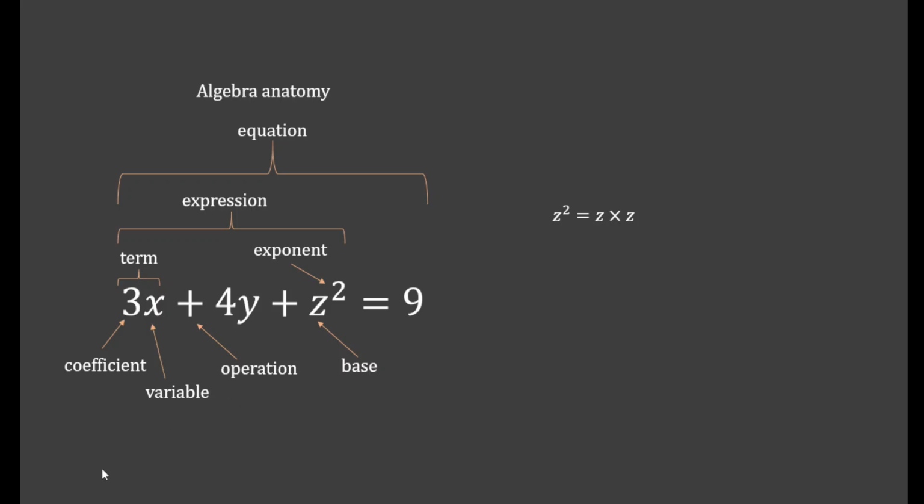All right. What I really want to get into now is a new skill when it comes to algebra. So for the rest of the session, we're going to jump into expanding and factorizing.